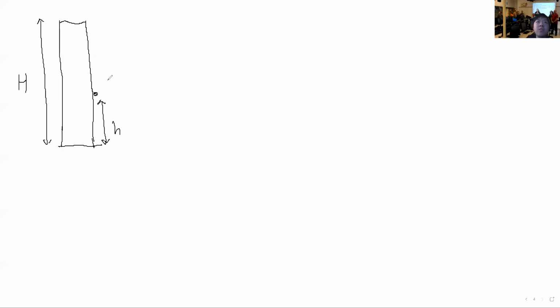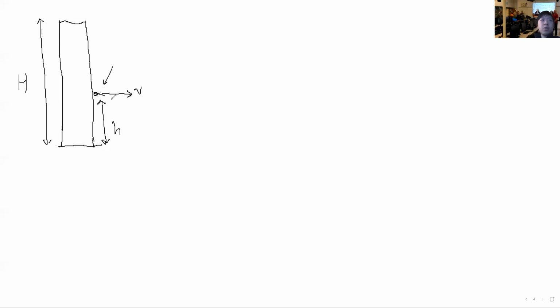So what trajectory is this water particle going to follow? It's going to be parabolic, right? Because it's just going to flow out through your hole, and after that the only thing governing its motion is projectile motion.